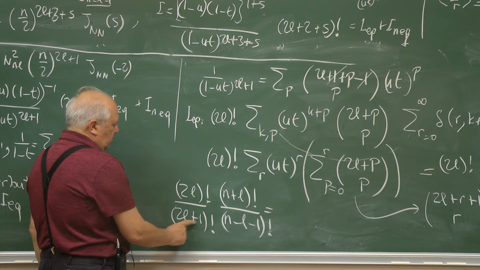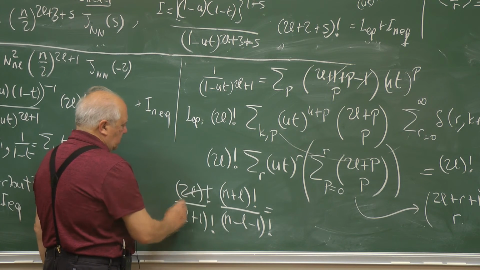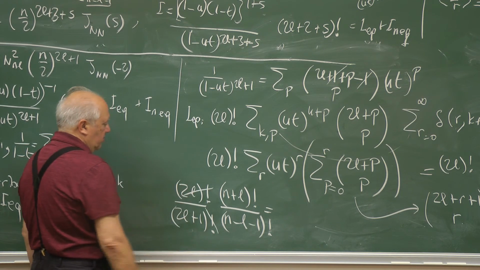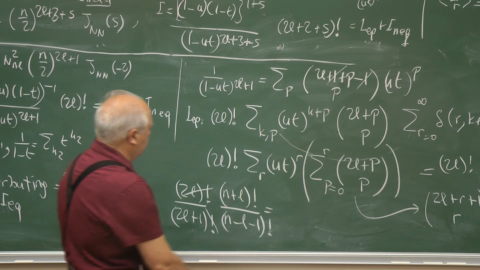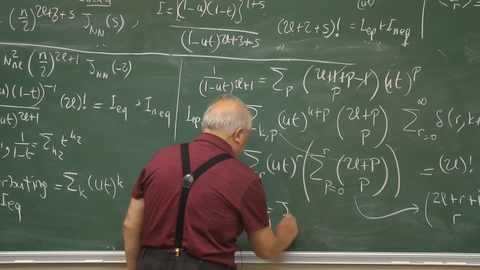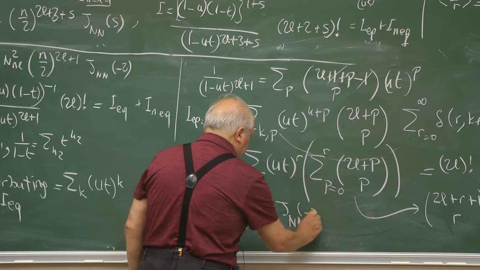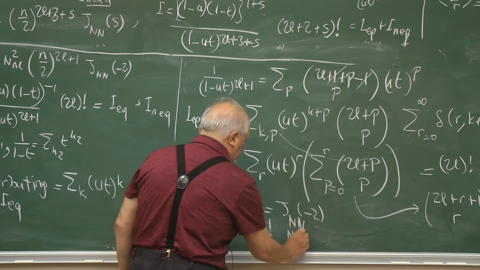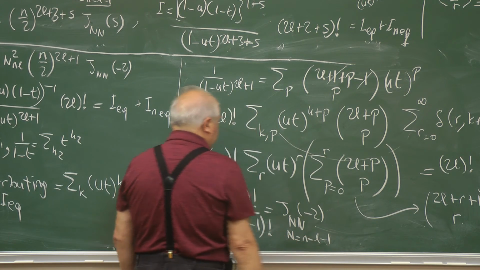This is 2L plus 1 times 2L factorial, so 2L factorial will cancel that. The result is that. This is simply J N minus 2 with N equals n minus L minus 1.